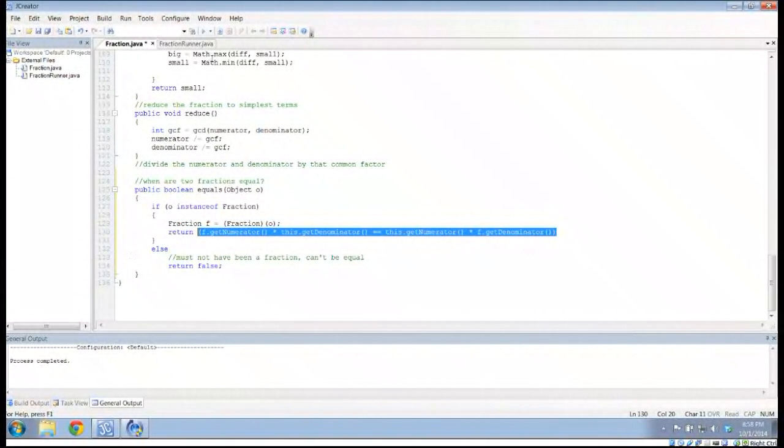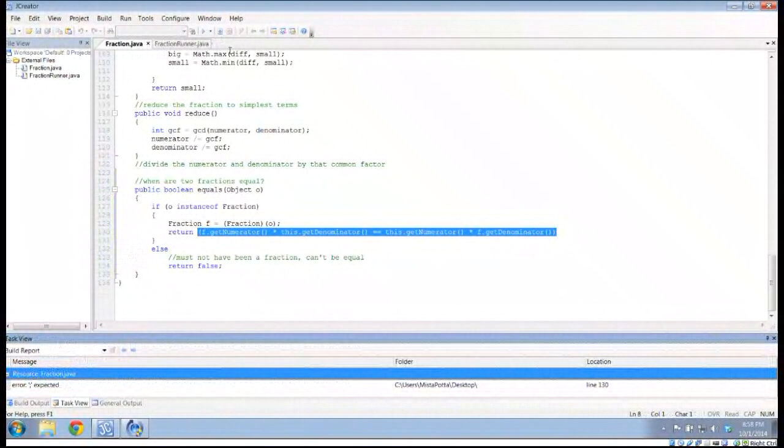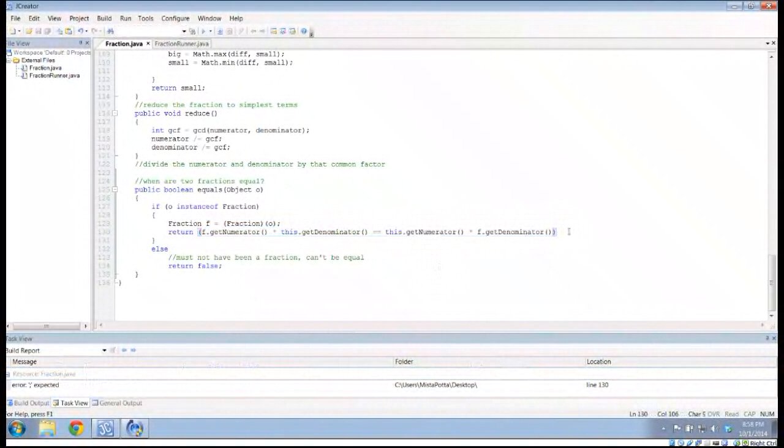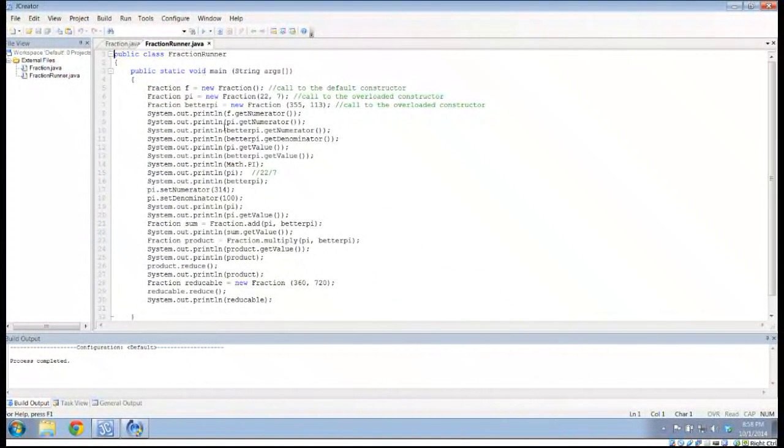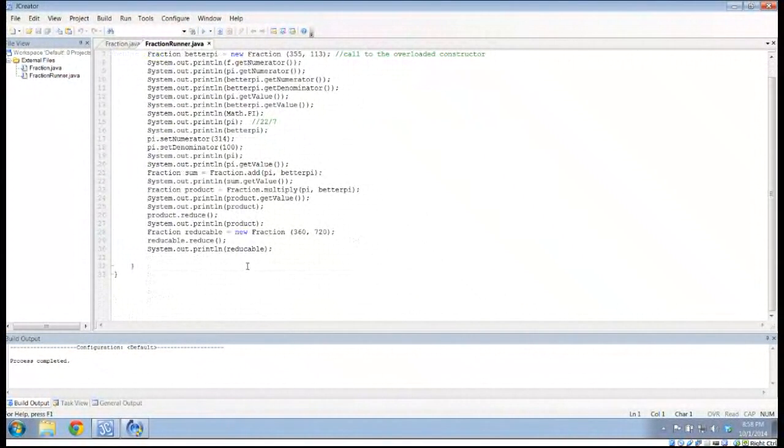So I'm going to go ahead and compile this, make sure there's no egregious errors in there, just one, where apparently I didn't put the semicolon, but I got rid of the if. So I'm going to compile this, and I'm going to go to my fraction runner, and I'm going to create some fractions.